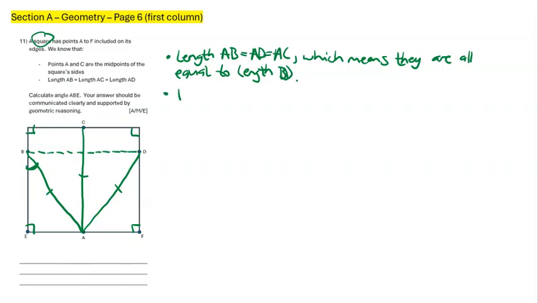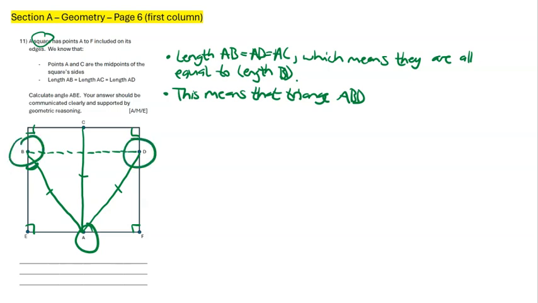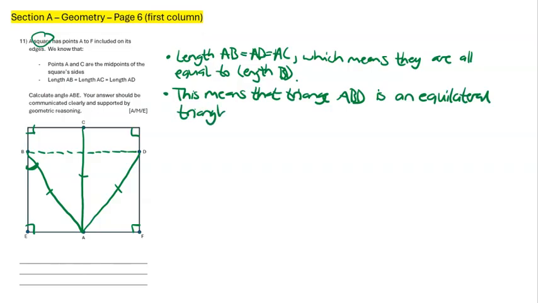So this means that triangle ABD, just noting ABD, that's just the corners of the triangle, so people know what I'm talking about, is an equilateral triangle. And because it's an equilateral triangle, that tells us some information about the internal angles, right?